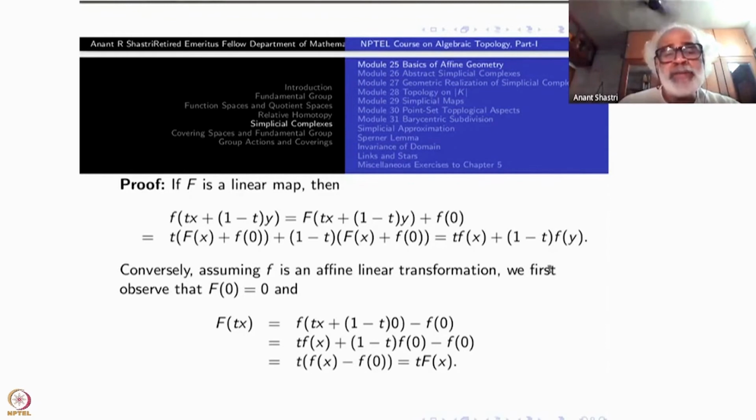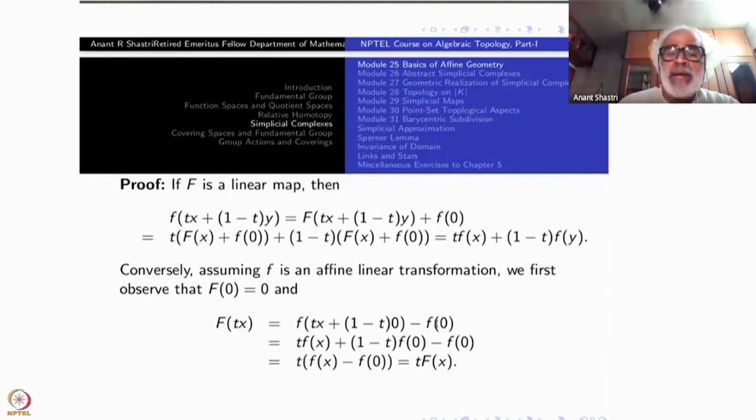The converse is just, you can reverse the steps here, but you can also do it like this. Assume f is an affine linear transformation. Okay. Then F of 0 by definition is f of 0 minus f of 0, which is 0. After that, F of tx, by definition, f of tx plus (1 minus t)0, you can write like this.